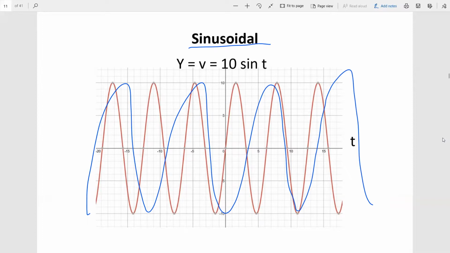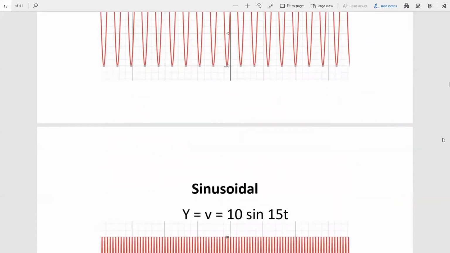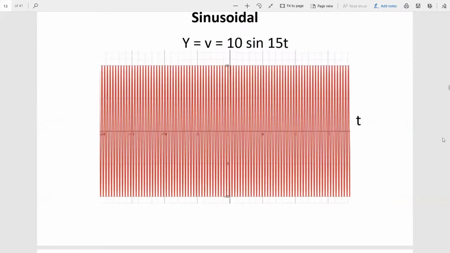Notice if you change the value multiplying the t from 1 to 3, you get 3 times as many oscillations in a given period. And if you go up to say 15, you get 15 times as many.